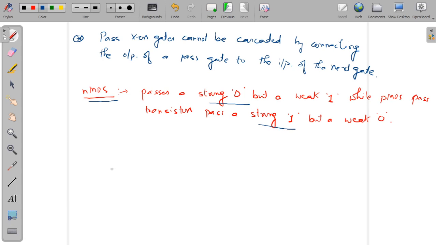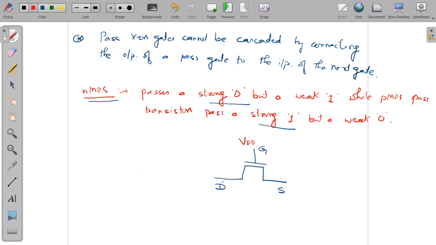For example, take the case of an NMOS pass transistor. If this is NMOS, and this is the gate, this is the drain, this is the source, and generally we take the lower potential terminal as the source terminal, right? Let's assume that the gate is connected to the power supply or logic high, that is VDD.